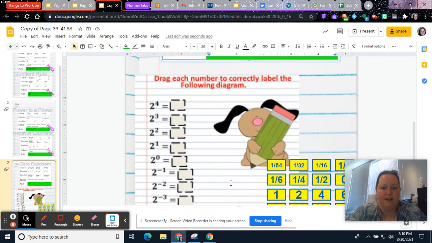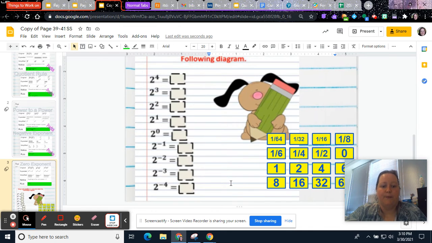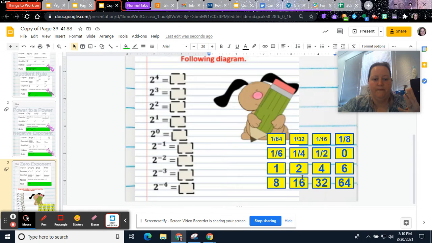So now let's go through here and drag each number correctly. This is just, again, to practice what we've done and to show a new pattern. So 2 to the 4th power: 2 times 2 is 4, times 2 is 8, times 2 is 16.